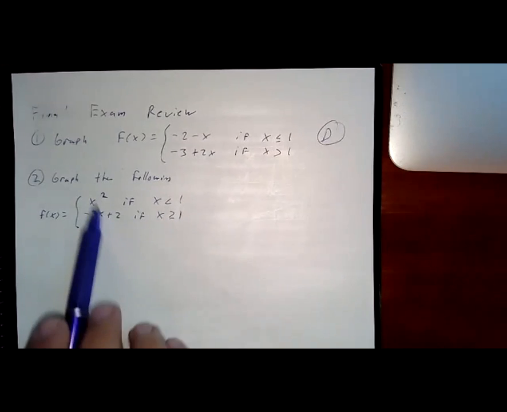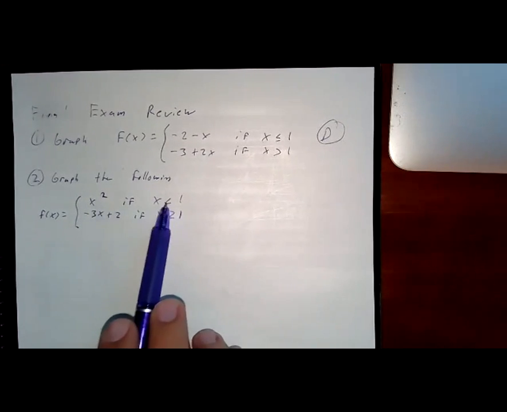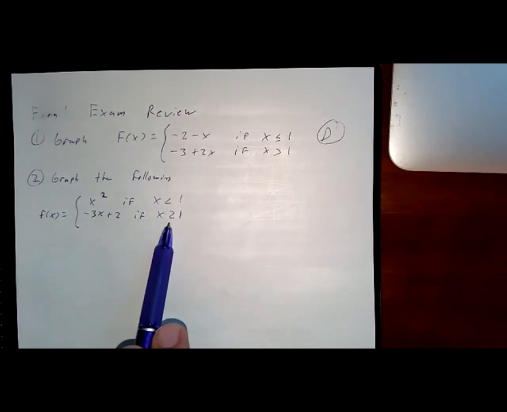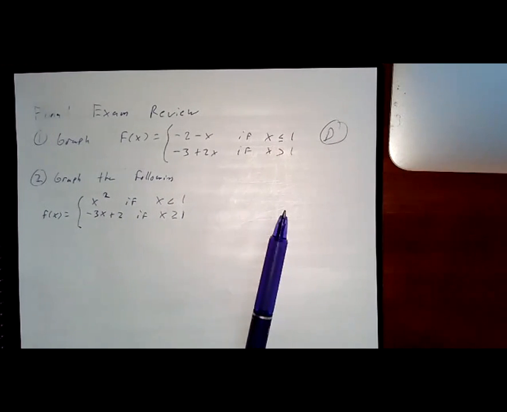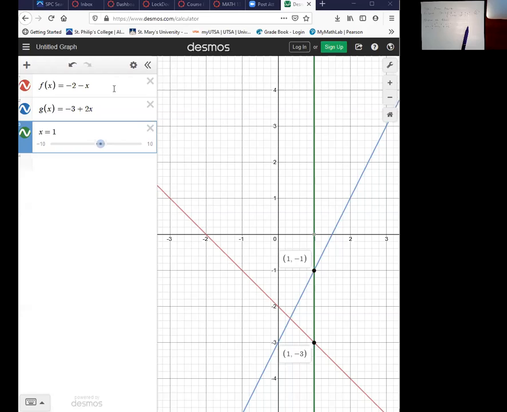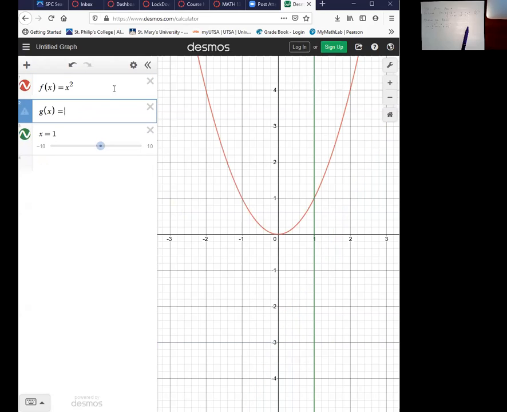Okay, so same deal here. We're going to graph both of them and then just look at the first one when we're below 1 and look at the line when we're above or equal to 1. All right, so let's look at our grapher one more time. Okay, so first function will be just the parabola. And next function will be minus 3x plus 2.